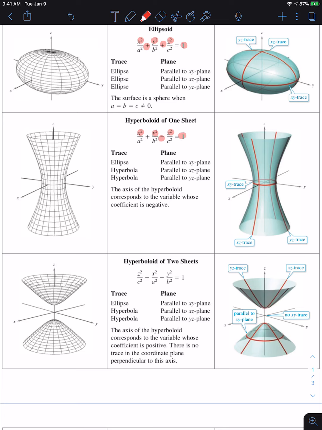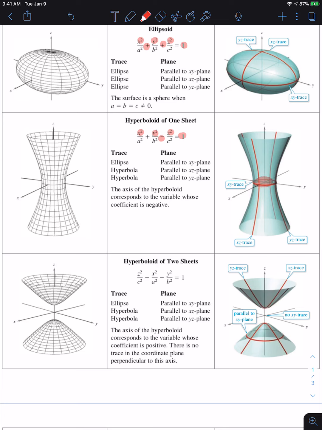When I go to do my traces, one thing I should note is that the axis of the hyperboloid, where this tube is kind of going around, corresponds to the variable that's being subtracted. In this case, z is being subtracted, so this is kind of like a tube around the z-axis. Some of our traces will be different.